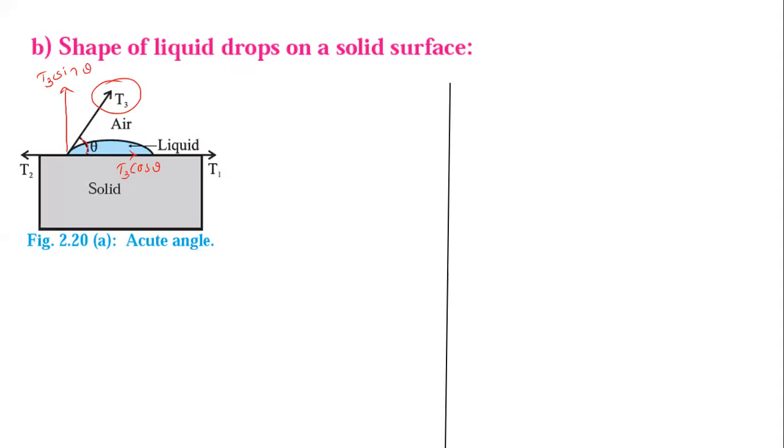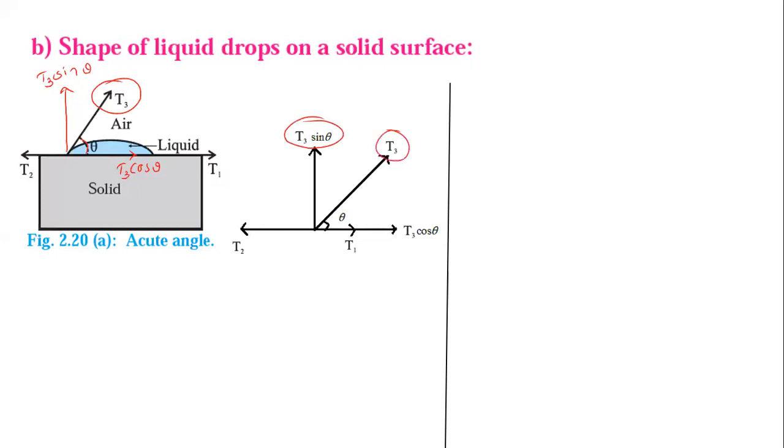Okay. Let me draw the component diagram which is not mentioned in your textbook. This is the component diagram. Okay. This is T3 sin theta, T3 cos theta. This is T1, this is T2. Okay. Now what is T1? Now someone may have a question, what is T1? You can see here T1, T2, T3.